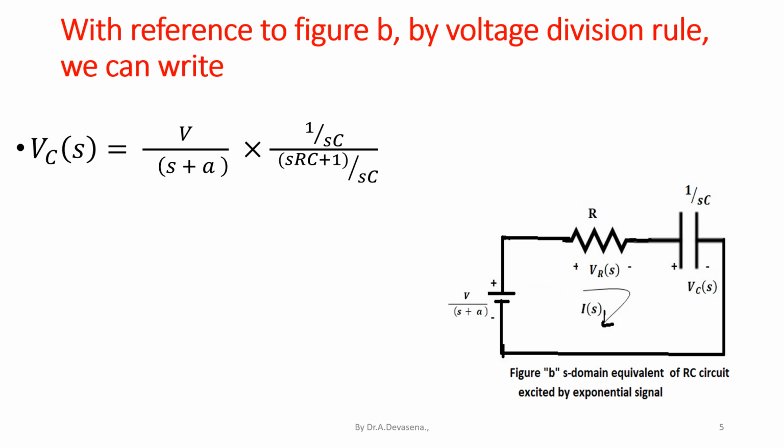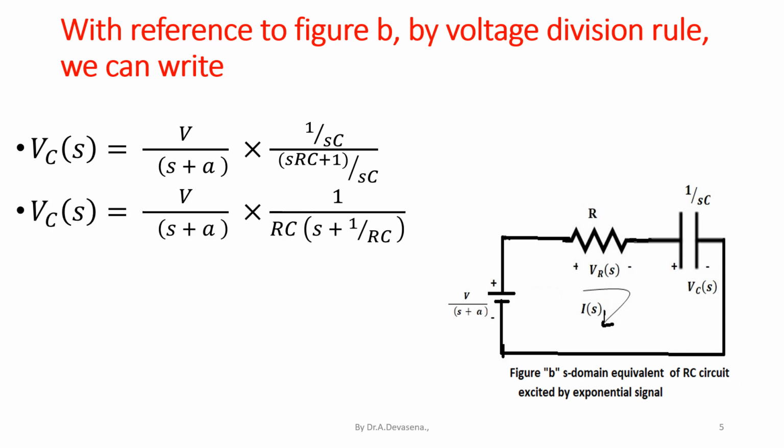We have to simplify this equation, that is V divided by s plus a into 1 divided by RC into s plus 1 by RC. Here we have taken RC as common because the coefficient of s has to be 1.